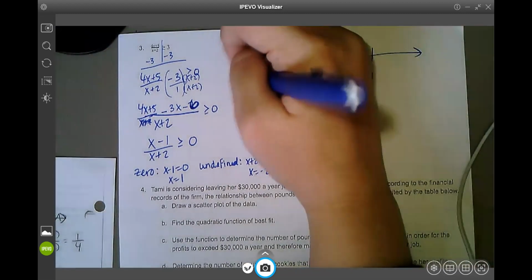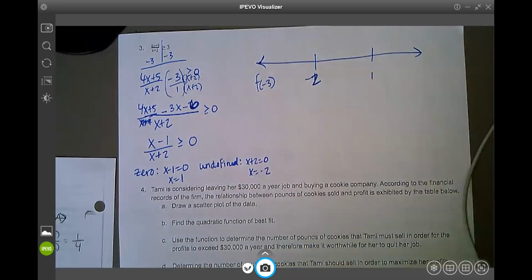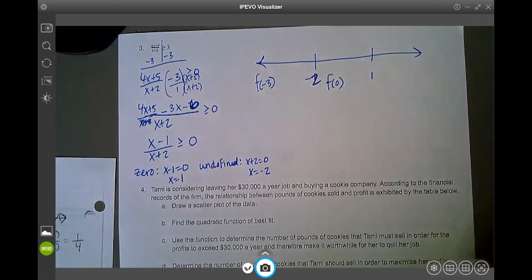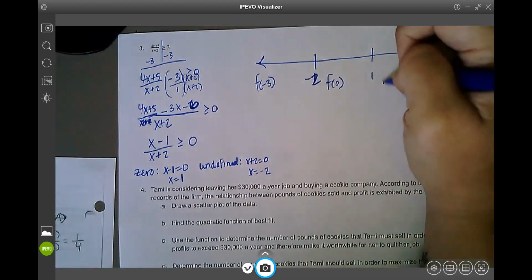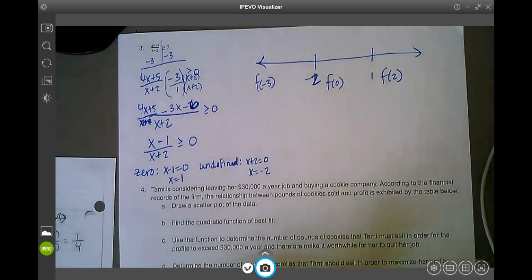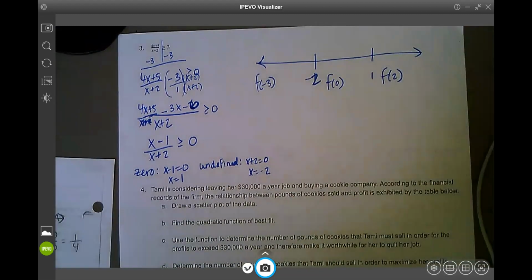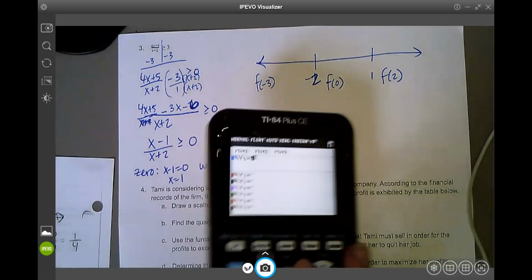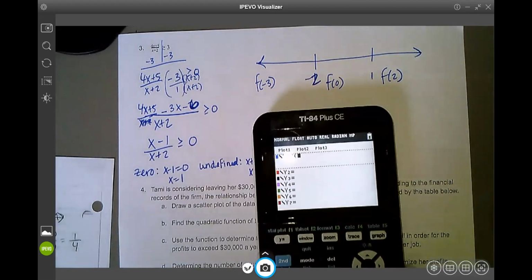On the left, I'm going to test f of negative 3. In the middle, I'm going to test f of 0. And on the right, I'm going to test f of 2. So I'm plugging it into my simplified form here. So I have negative 3 minus 1 divided by negative 3 plus 2.